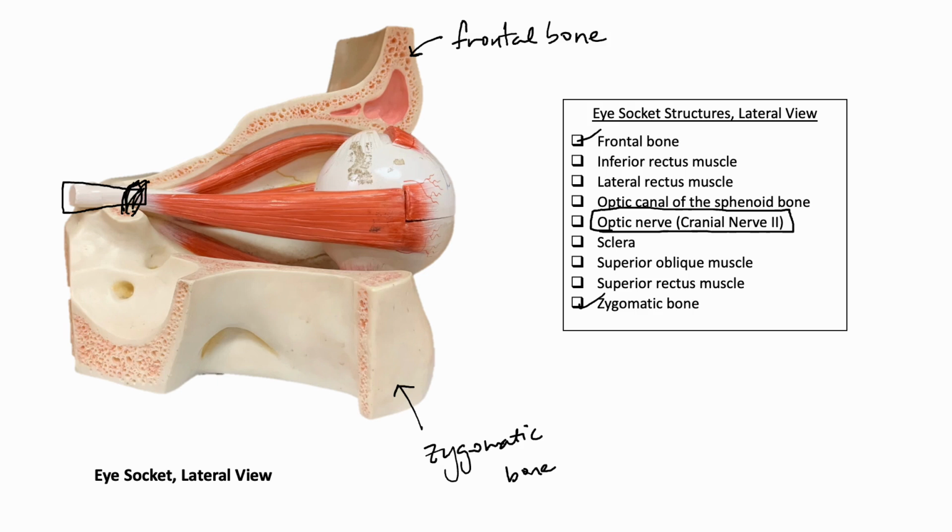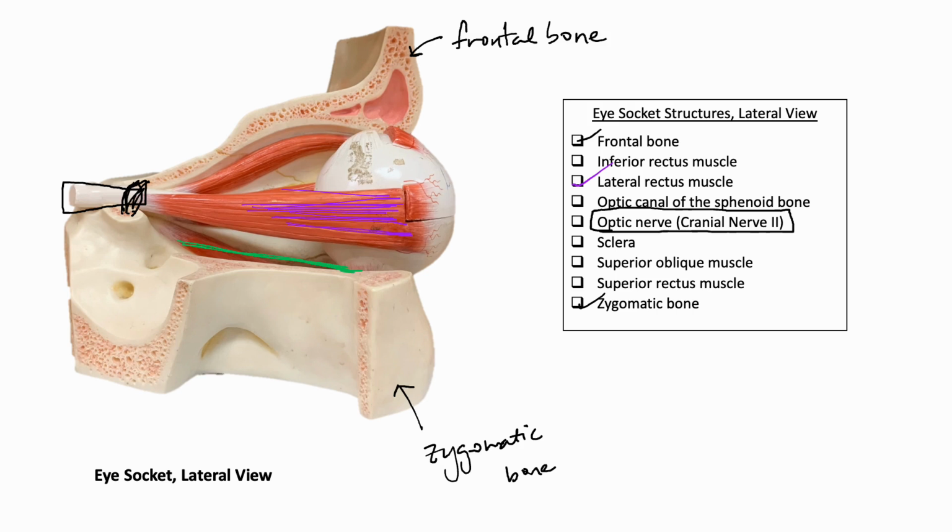Now, I can see over here on this lateral side, this is my straight muscle, right, my rectus muscle. And since it's on the lateral side, I know that's my lateral rectus muscle.